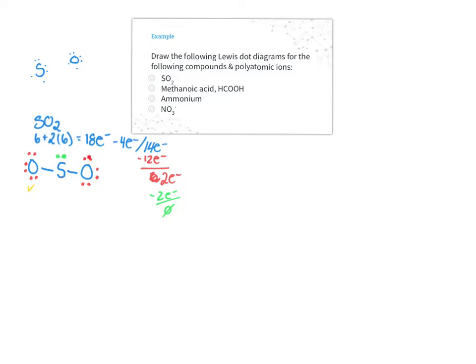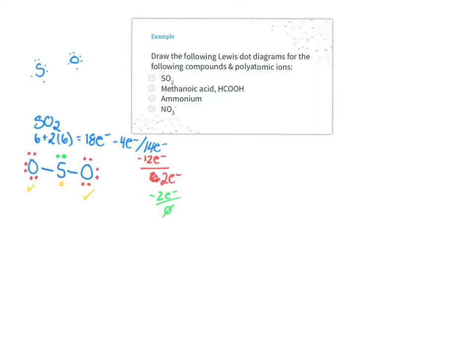Oxygen over here has 2, 4, 6, and remember there's 2 electrons here, 8 electrons surrounding it, so it does have its full octet. It's good to go. Looking at sulfur, sulfur has 2 electrons in this bond and 2 electrons being shared in this bond, so 2, 4, 6 electrons. Sulfur doesn't currently have an octet.